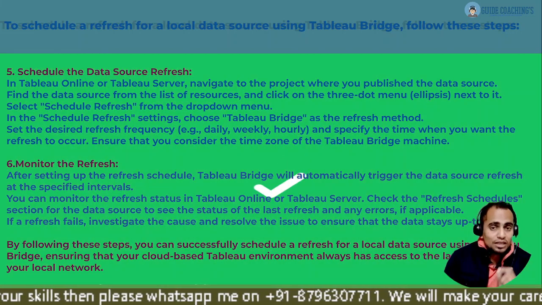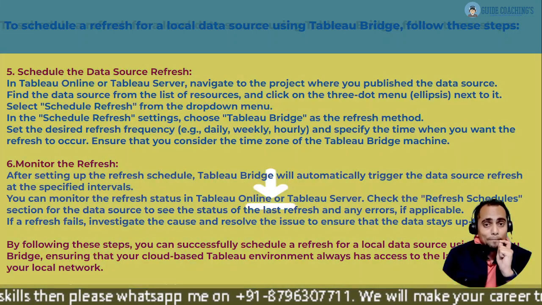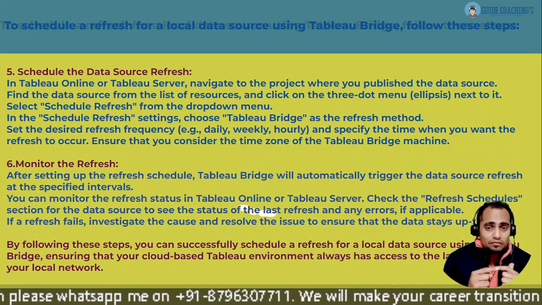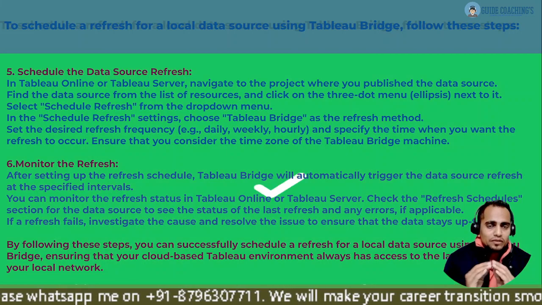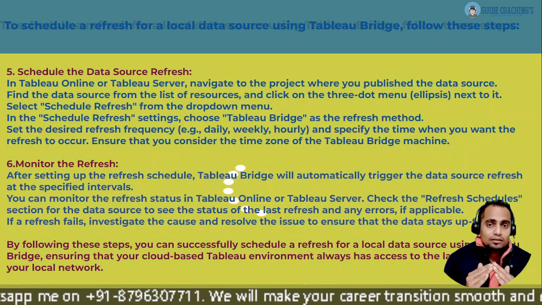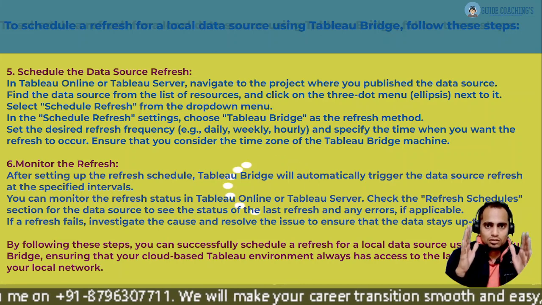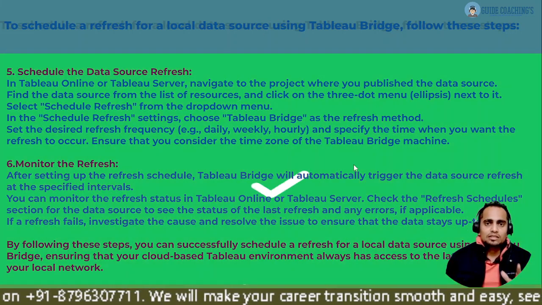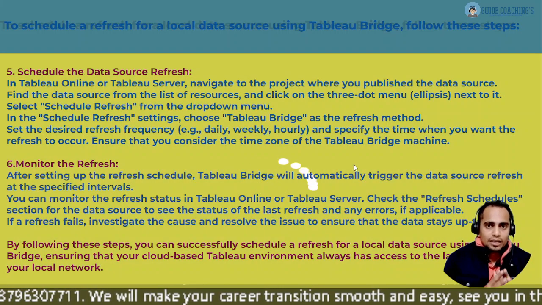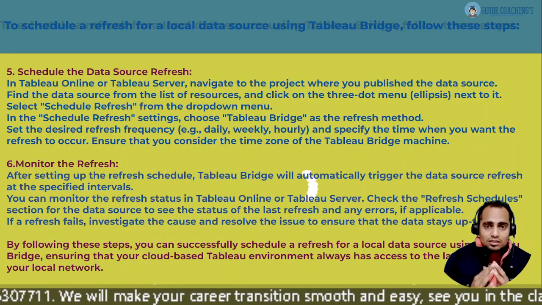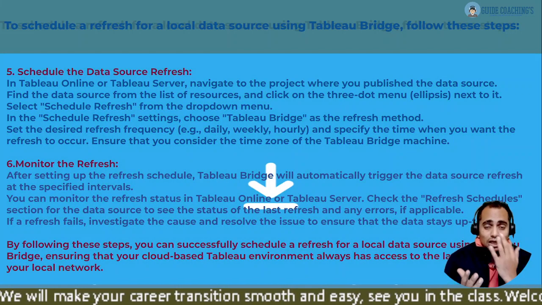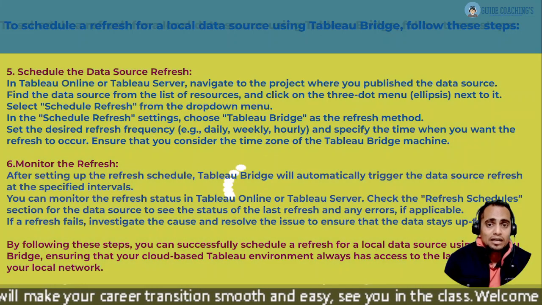Now here one important point we need to make is, let's suppose we are scheduling at night 9 p.m. Okay, and suppose I am using this machine as my local database where all the files are there, and I am asking the system to refresh it at 9 p.m., but at 9 p.m. I am not accessing this laptop and my machine is shut down.